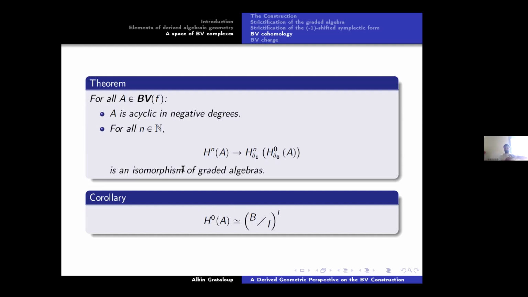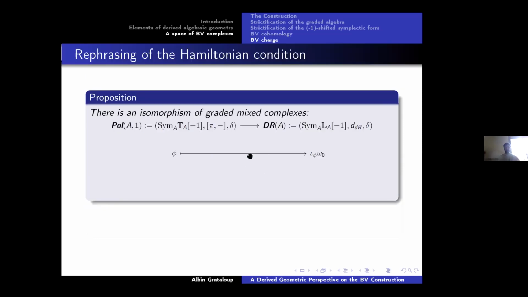Usually, I have a graded algebra, I put a Poisson structure or a symplectic structure on it, and then I use that to define a differential through defining the BV charge and requiring the classical master equation. Here, I already have a differential, but a priori I do not have a BV charge. And this is what I'm going to try to explain in the last slide: how to obtain a BV charge, so how to show that this differential is Hamiltonian, actually.